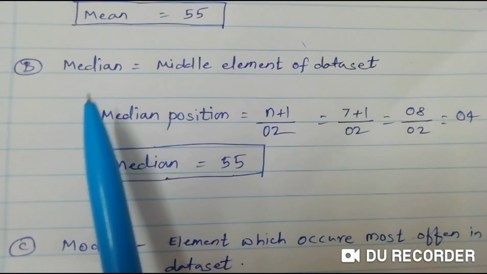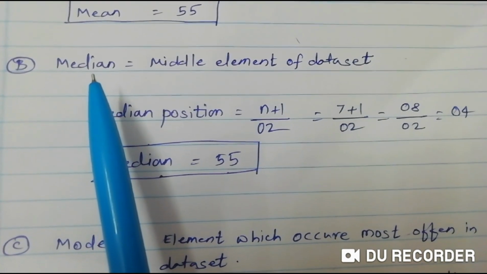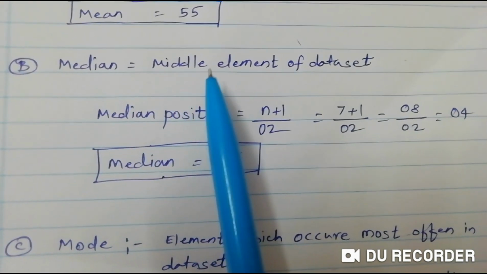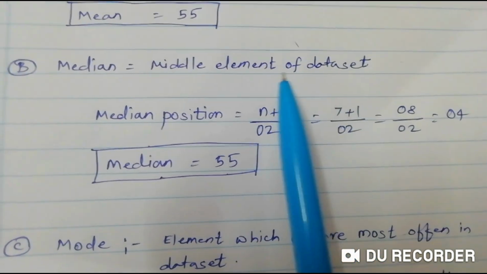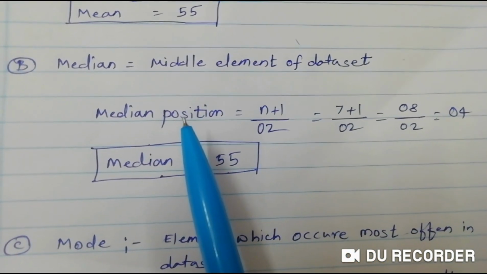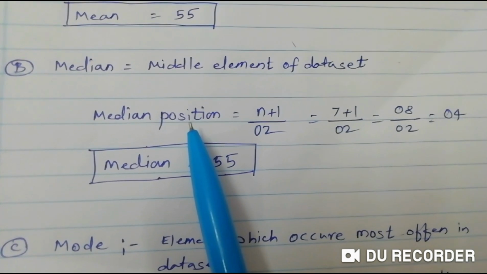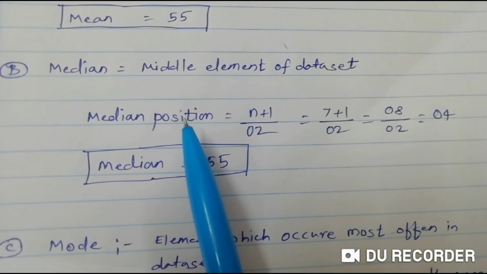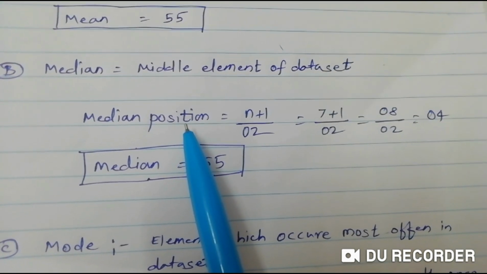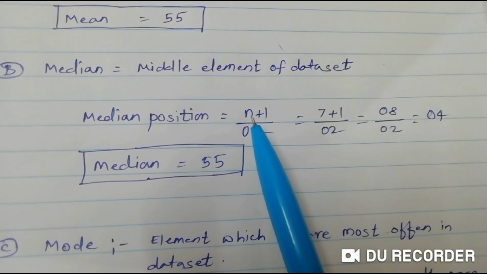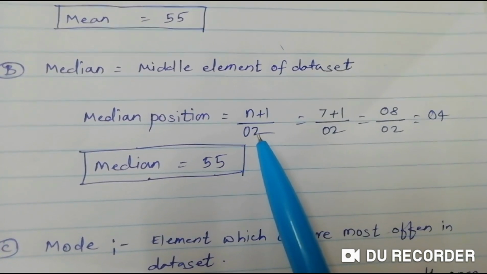Now next we will see how to calculate median. Median is nothing but the middle element of the data set. So for that purpose we have to find out which is the middle position of our data set and which element is present at that particular position. To calculate the middle position we have the formula n plus 1 divided by 2.